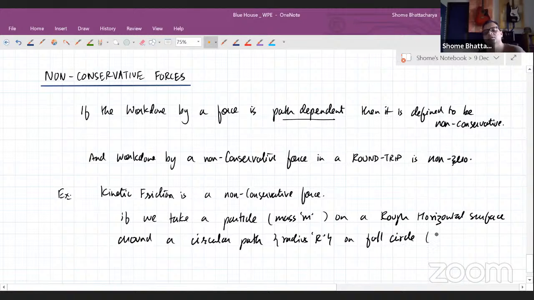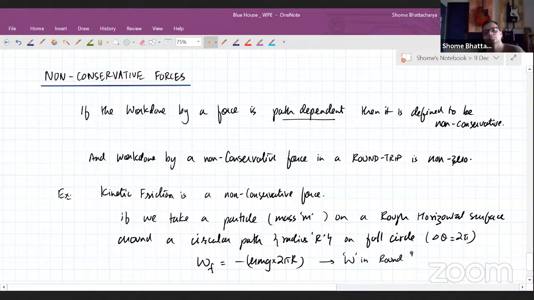Okay, so its angular displacement is 2 pi. Then the work done by the friction will be minus mu mg into 2 pi r. So you can see the work done in a round trip is not equal to 0.